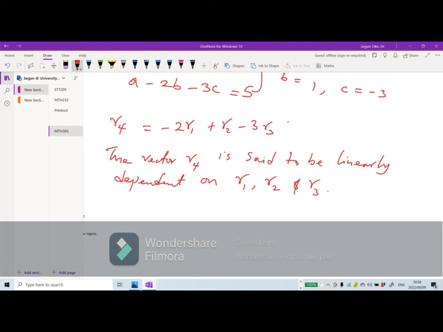The vector R4 is linearly dependent on the following. So, any question? No, that's all for now.